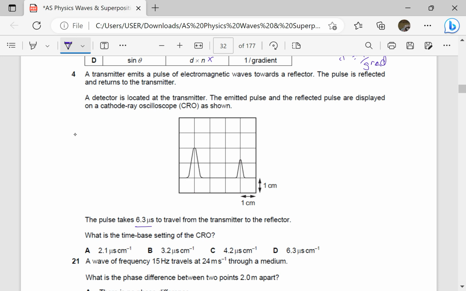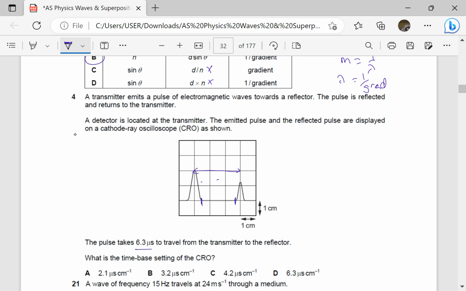So the distance between the reflected and transmitted pulses, we can estimate this, or we can even just look at the centers of these. So the distance between the pulses is 1, 2, 3. So that is 3 centimeters. So let's see the time between the pulses.